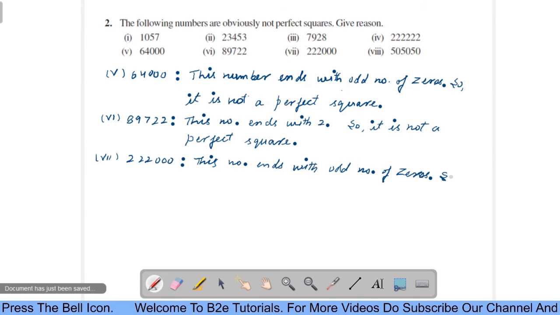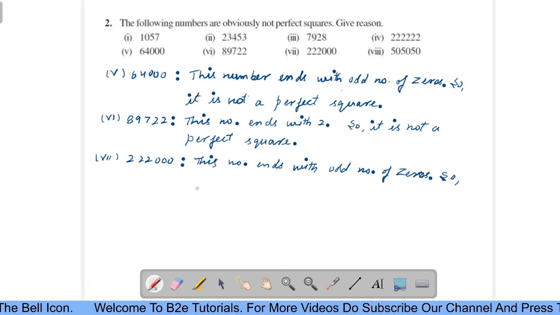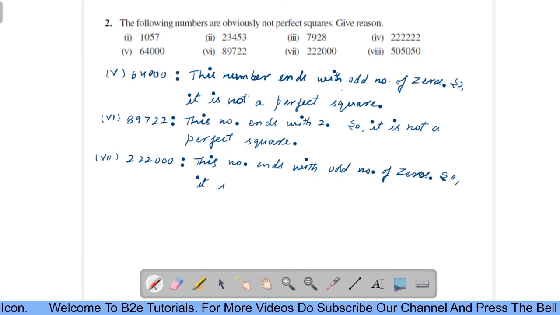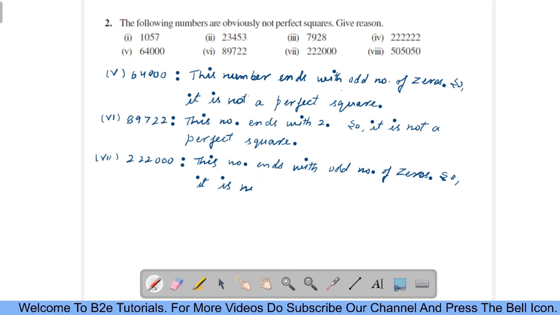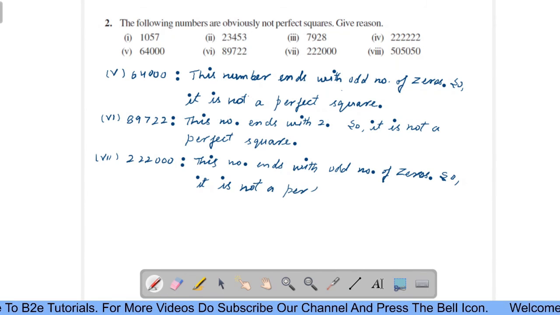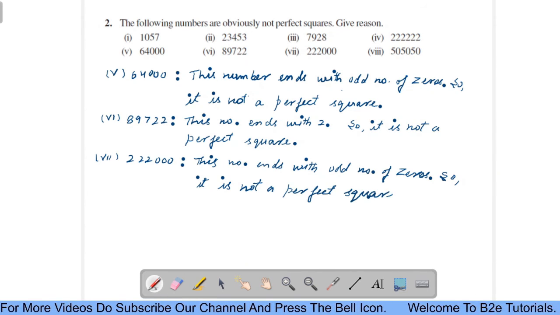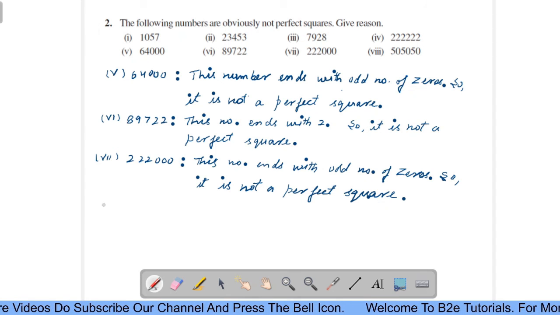So it is not a perfect square. Now come to eighth part.